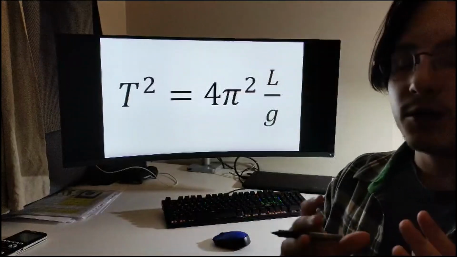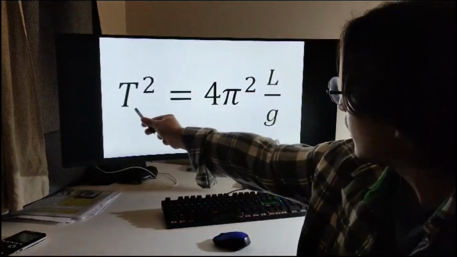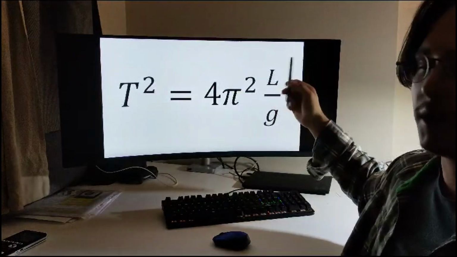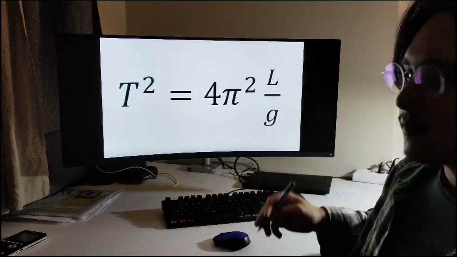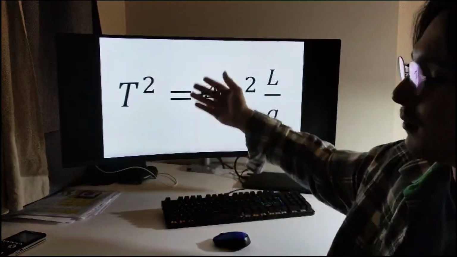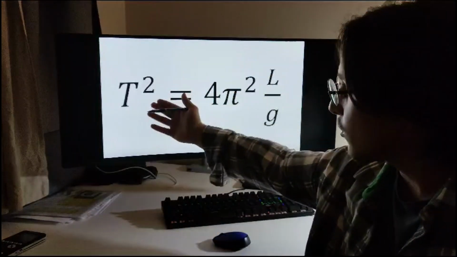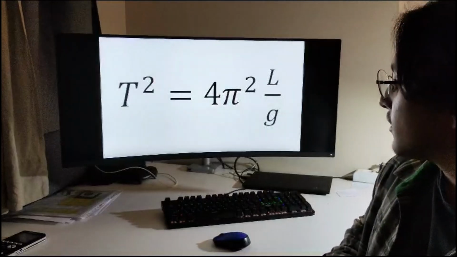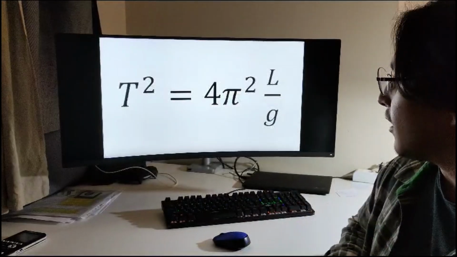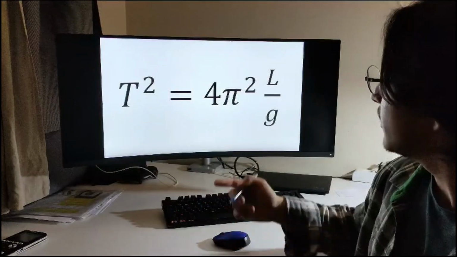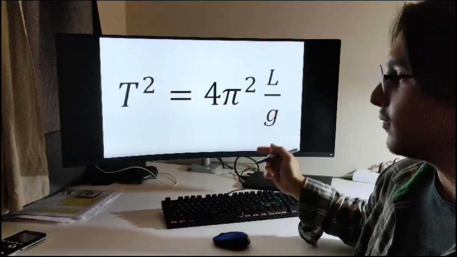Thus, I will calculate the period values for differing length values in my pendulum setup. By linearizing the data I have collected, by squaring the periods I have measured and graphing the data, I will find a linear graph where the slope of the graph will be 4 pi squared over g.